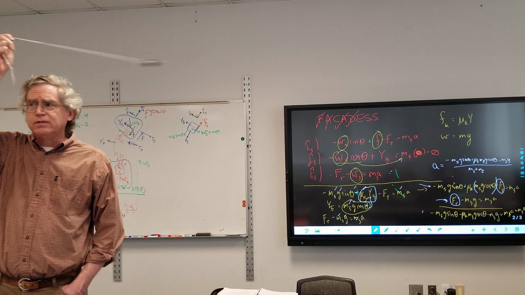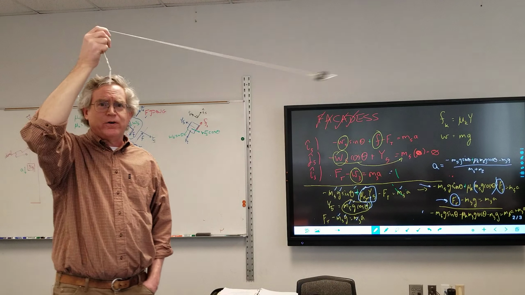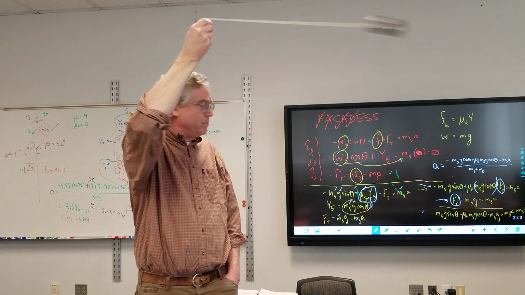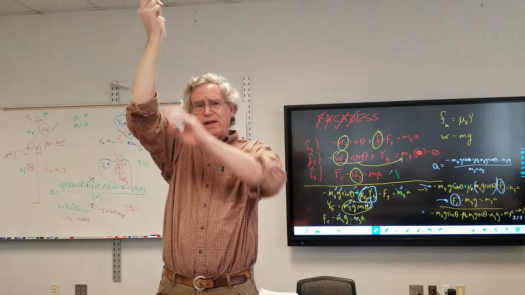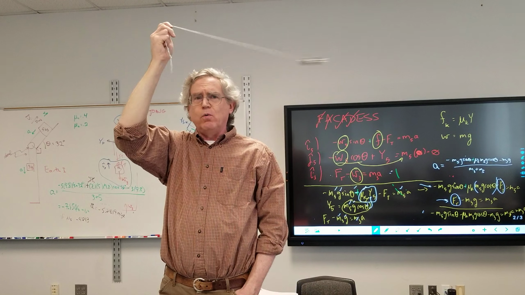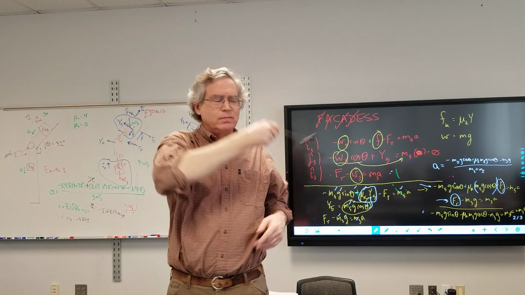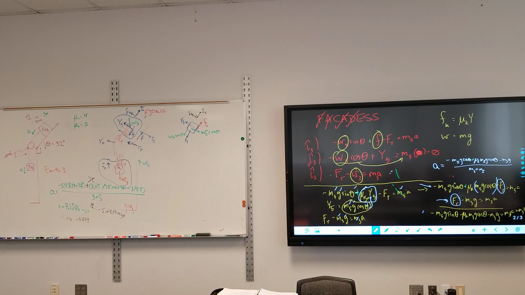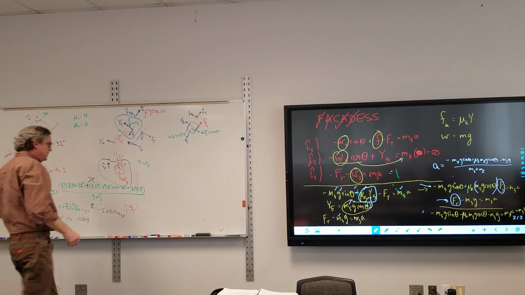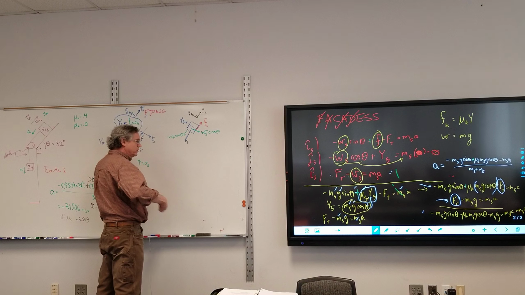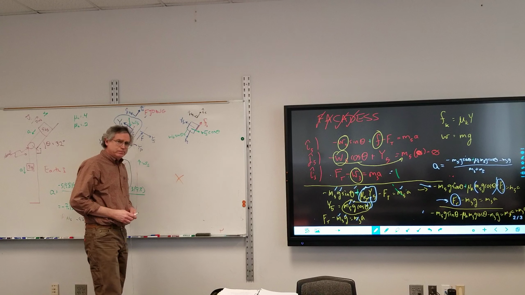And the question is, if I'm here and going back this way, I'd hit right between the boards. So where do I let go so that I hit as close to that spot as possible?